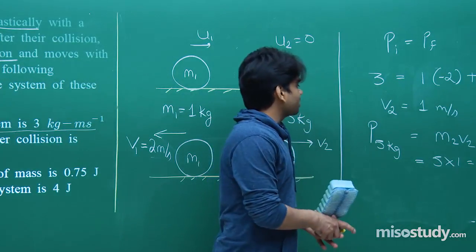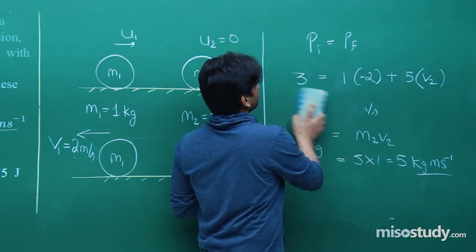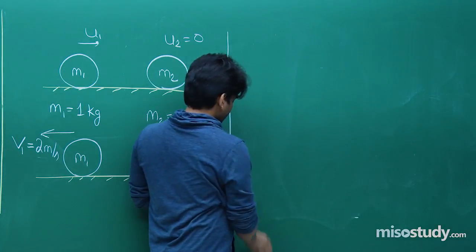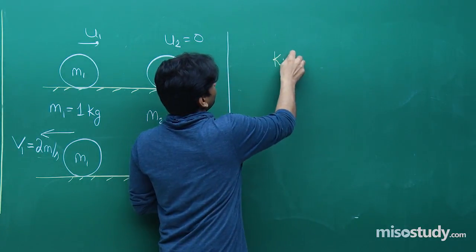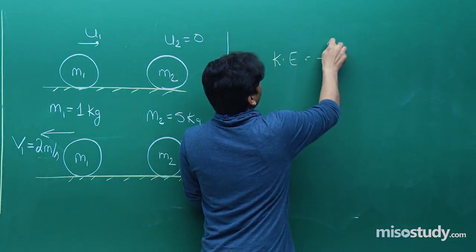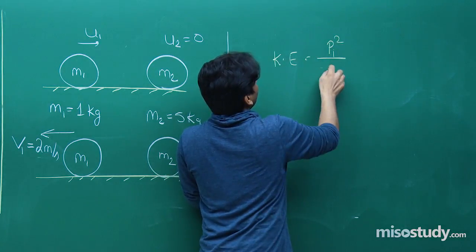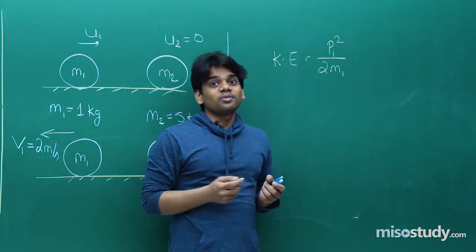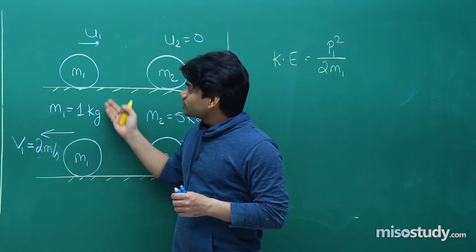So can we write the kinetic energy as P initial whole square by twice of mass m1, because initial momentum is only due to this body m1.